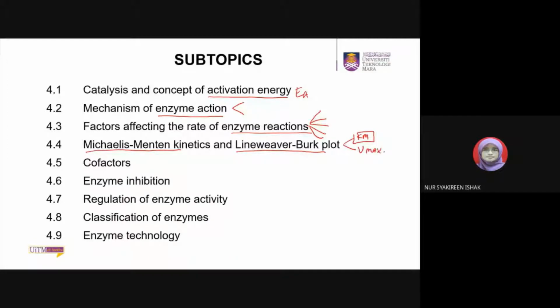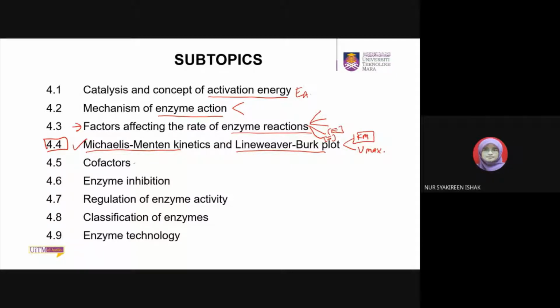In order to understand subtopic 4.4, Michaelis-Menten, you have to understand the concepts you learned for the factors affecting enzyme reaction, especially substrate and enzyme concentration. When you understand how the rate of reaction is influenced by enzyme concentration and substrate concentration, then you will understand Michaelis-Menten kinetics and the Lineweaver-Burk plot.